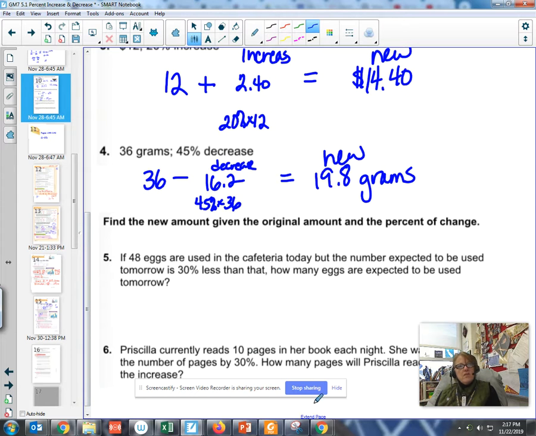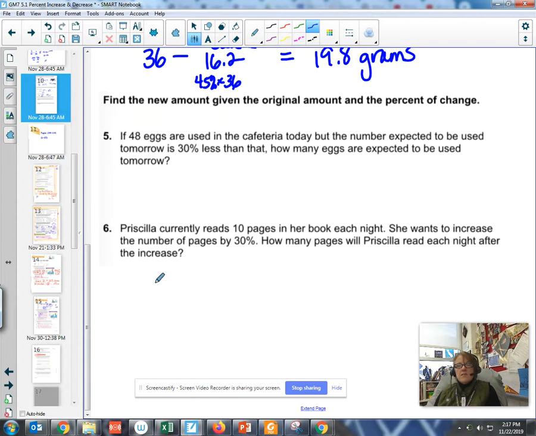These last two, go ahead, pause the video and try them on your own, and then start me back up and let's see if you got the correct answer. 48 eggs today, 30% less tomorrow. So we're going to subtract 30% of that, and that'll give me my tomorrow amount.